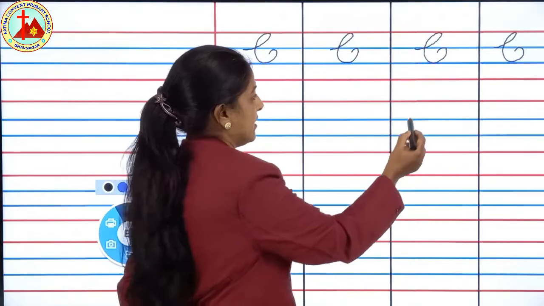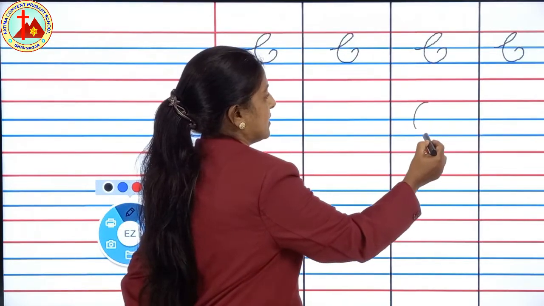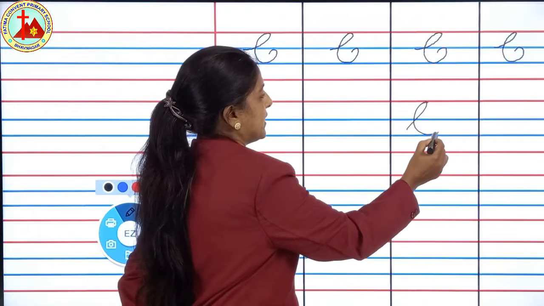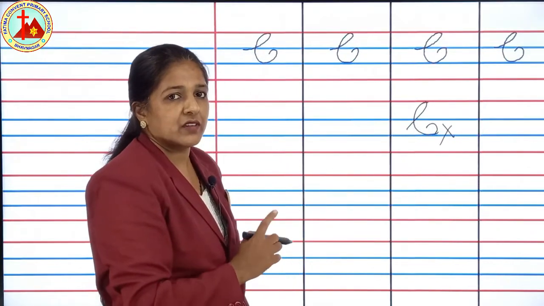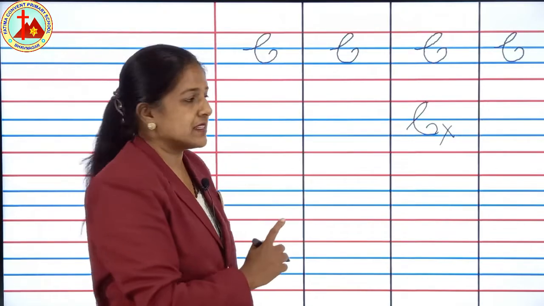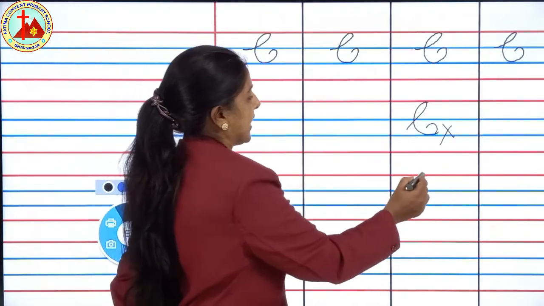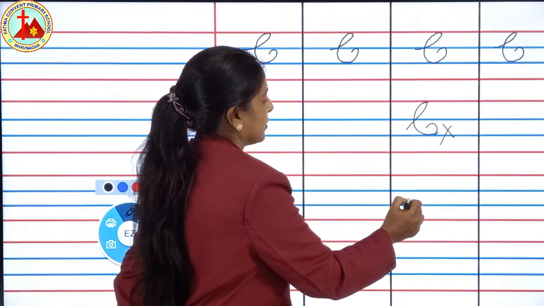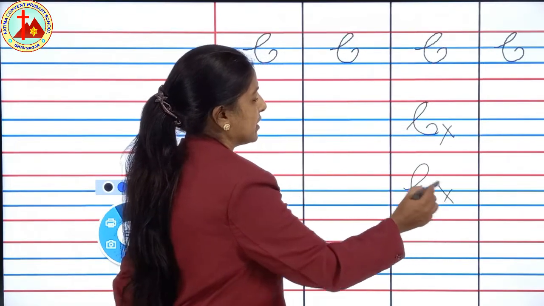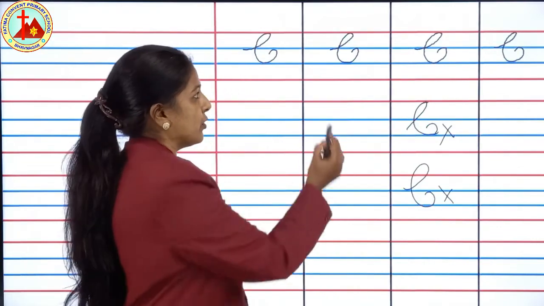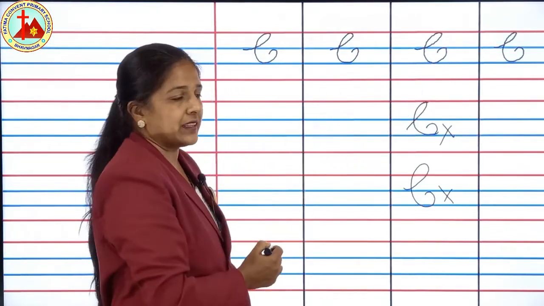And see children, your C should not be like this. This is the wrong method. Without lifting your hand and pencil, you have to write, and it should not go out of the red line also. This is also the wrong method. You have to follow this method only.